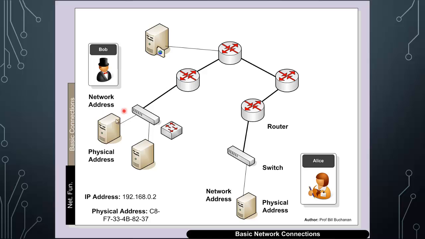For each machine that connects, we have a network address, and we also have a physical address. If Bob wants to send to Alice, he needs to find out the network address of her machine. He does that normally by taking the domain name, finding out the IP address of the machine, and then the data packets that he sends will each have a destination IP address of Alice's machine.